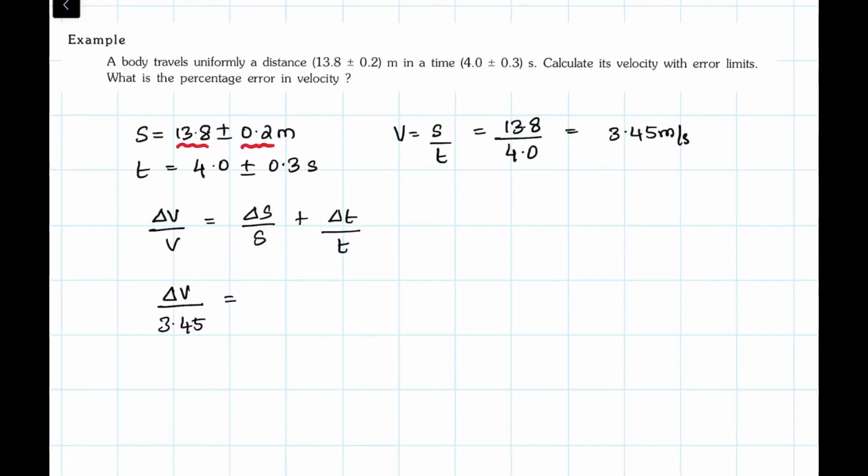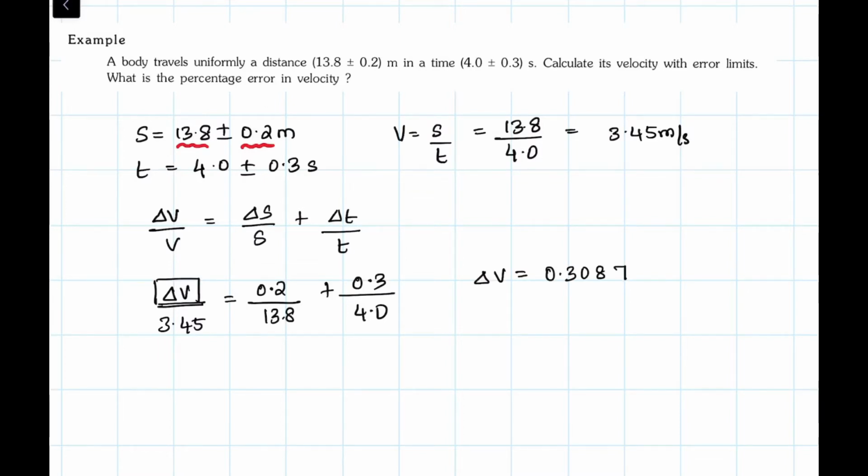Delta V by V equals the error in the displacement, which is 0.2, divided by the magnitude 13.8, plus the error in time, 0.3, divided by 4.0, from which you can calculate delta V. After doing all this, you get an answer which is approximately 0.3087.